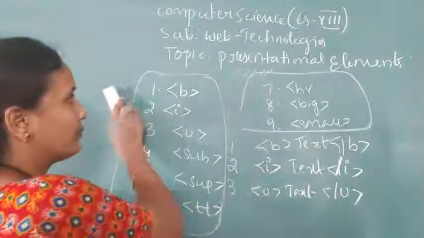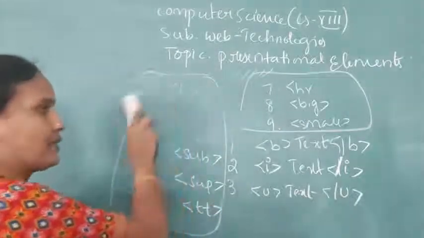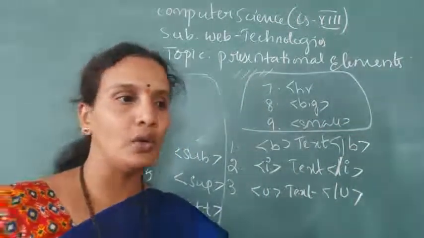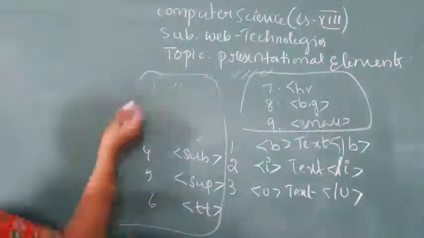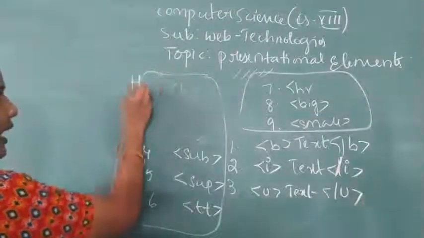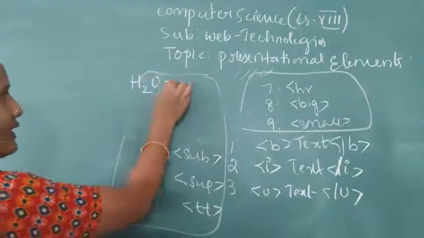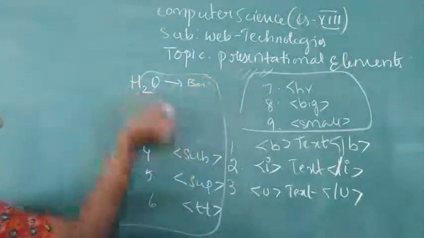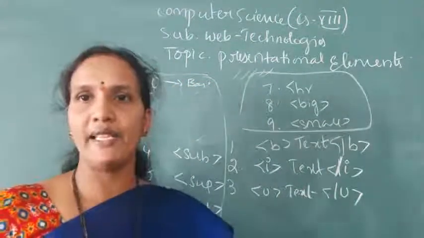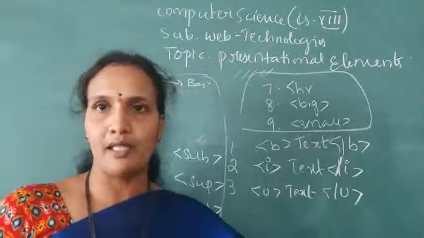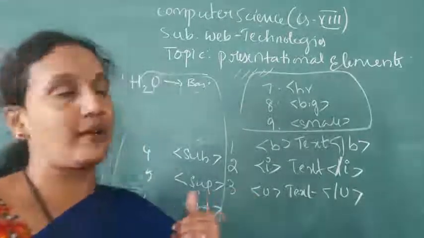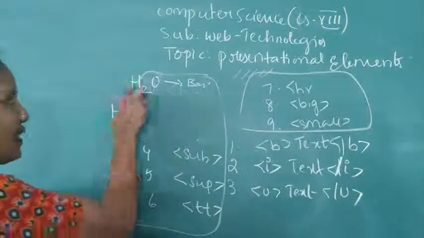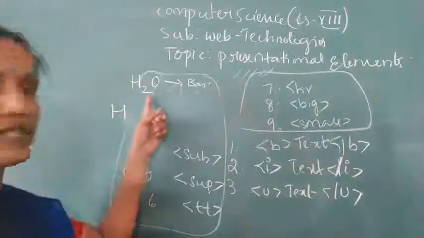Now what is the next one? Subscript. Subscript means if you want to give information below the baseline, like H2O. This is called the baseline. If you want to display any text below the baseline, subscripted text, then we use the SUB tag. See the example here: H is not a subscripted text, only 2 is in subscript.